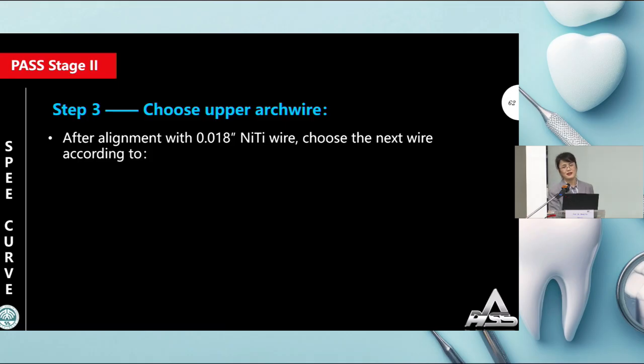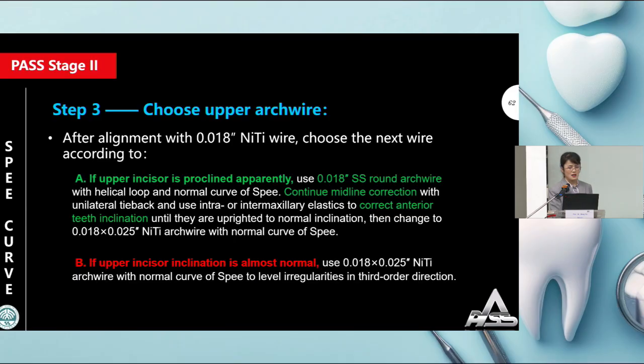And there are two choices next. Step 3, we choose the upper arch wire. After alignment with the 18 nitinol wire, we can choose the next wire according to the proclination angle of the anterior teeth. If the upper incisor is proclined apparently, we can use an 18 SS round arch wire with helical loop and normal curve of Spee.